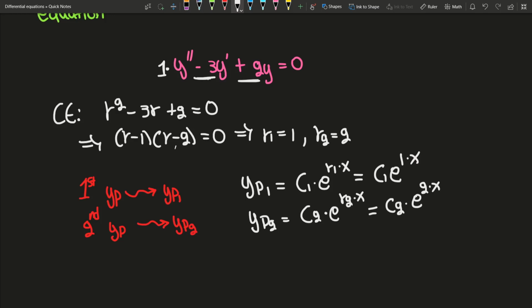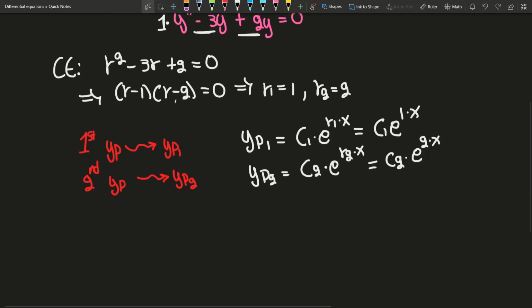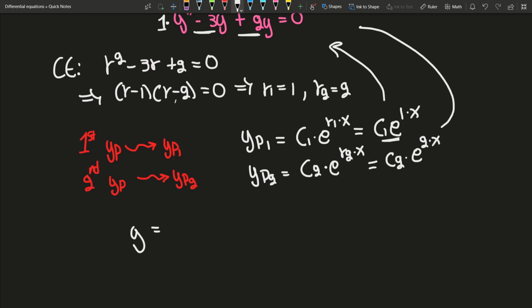Okay, so the general solution is gonna be simply, and the one that you want here, a differential equation doesn't have only one solution. As you saw, if you either substitute this one here or this one here, you're gonna get 0.